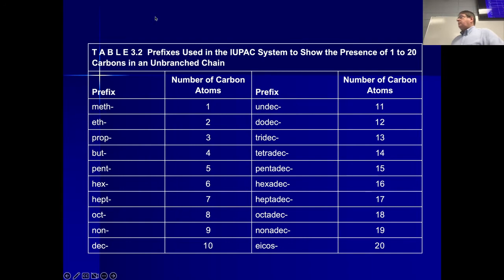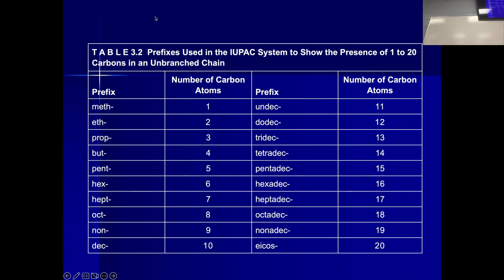The things that are attached to the parent, we call alkyl groups. Okay, so let's look at an example. Well, let's look at this one. All right, there's our structure.